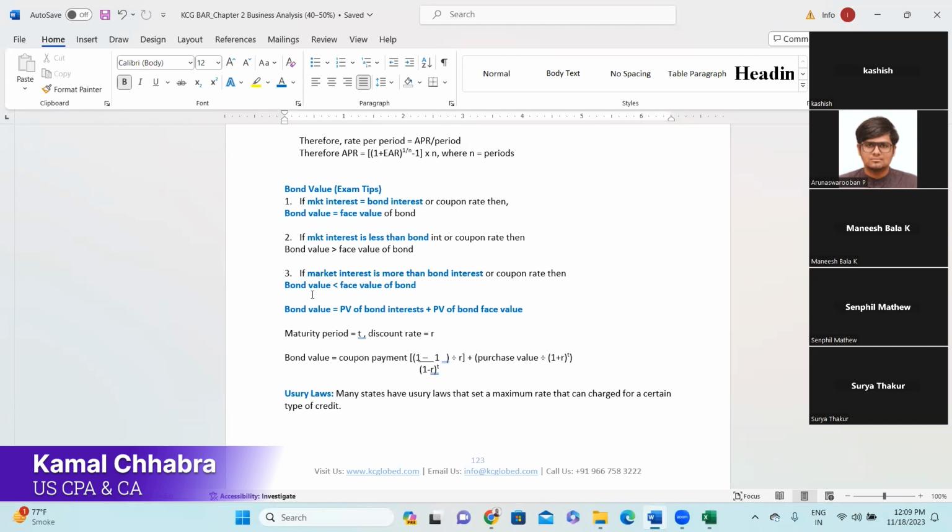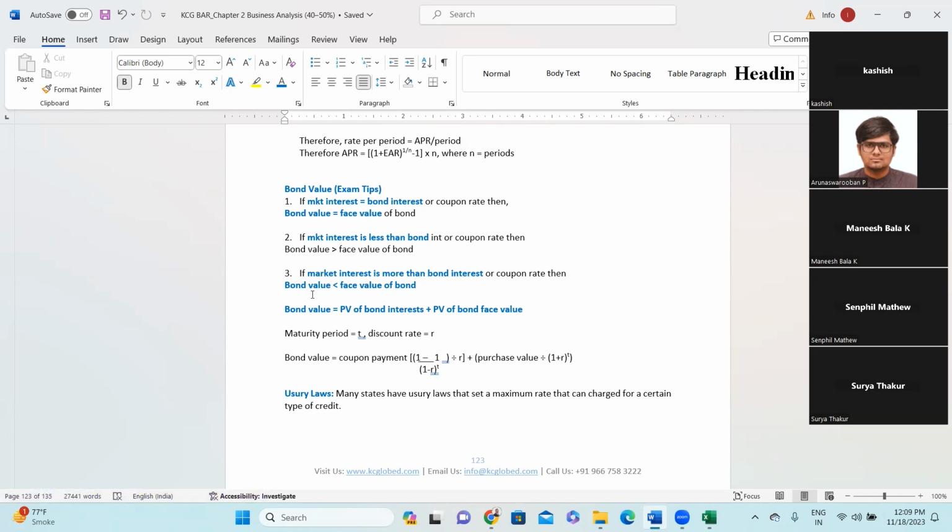If the market interest rate is less than the bond rate, for example, bond rate is 10% and market interest rate is 8%, in that scenario the bond value is high. On the other hand, if the market interest rate is more and the bond interest rate is less, that results in a lower value of the bond, right?